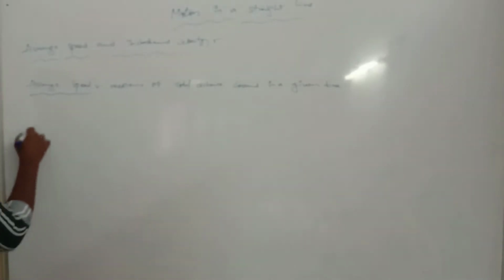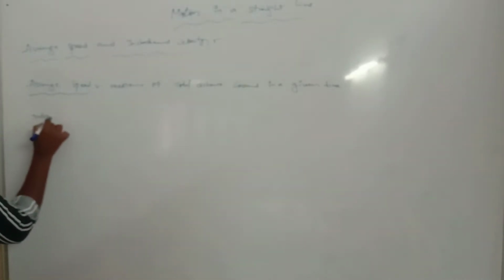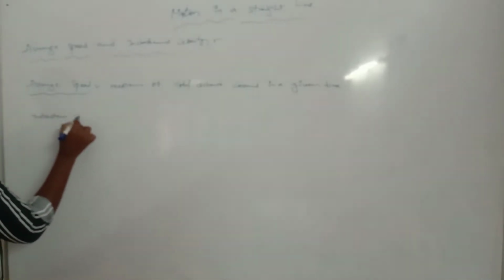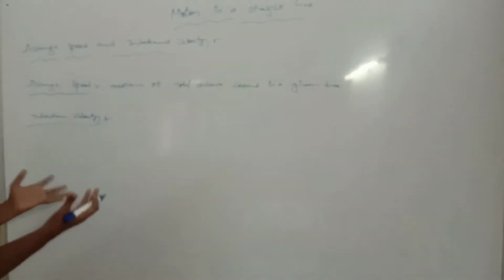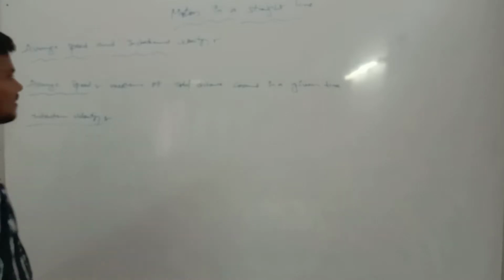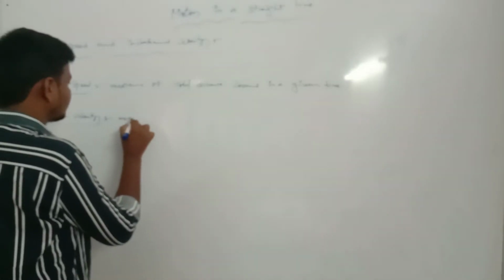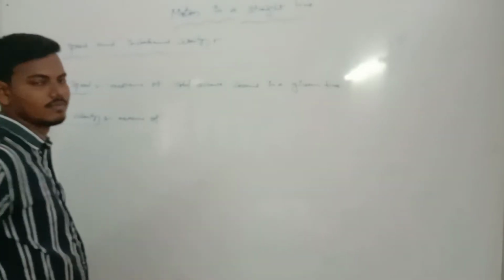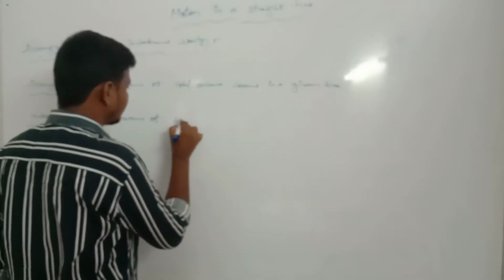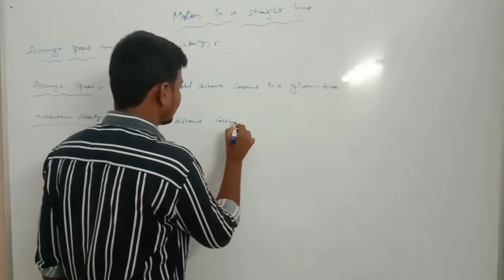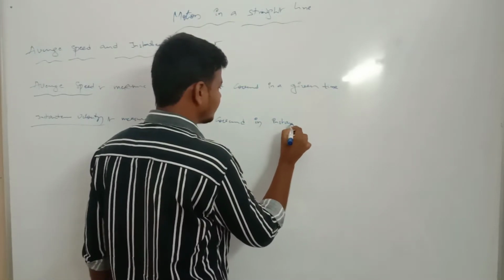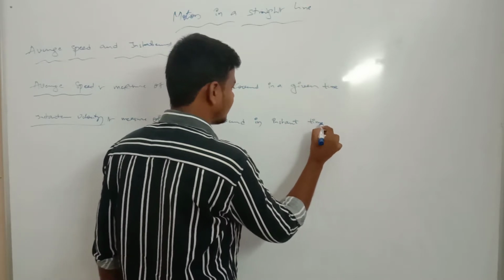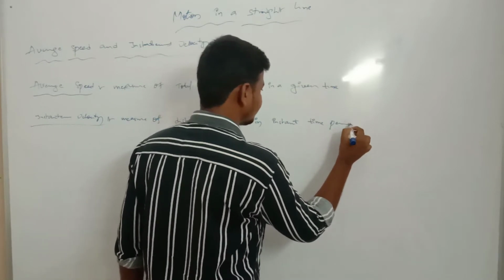Now we come to instantaneous velocity, or instantaneous speed as we also say. It is the measure of distance covered in an instant of time.